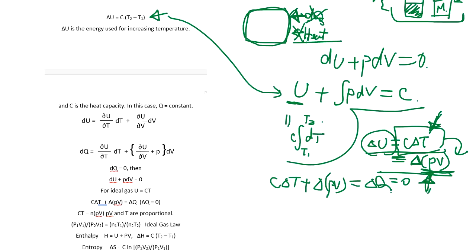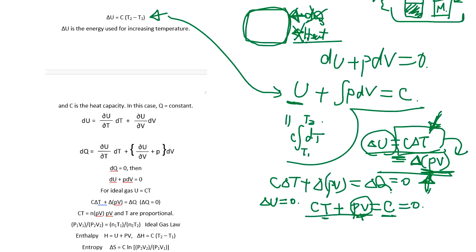So what's happened is, if there's no increase, the delta U is 0. You take the integral: cT plus pV equals constant. For the ideal gas, if temperature is 0, then volume shrinks to 0, and c is 0.